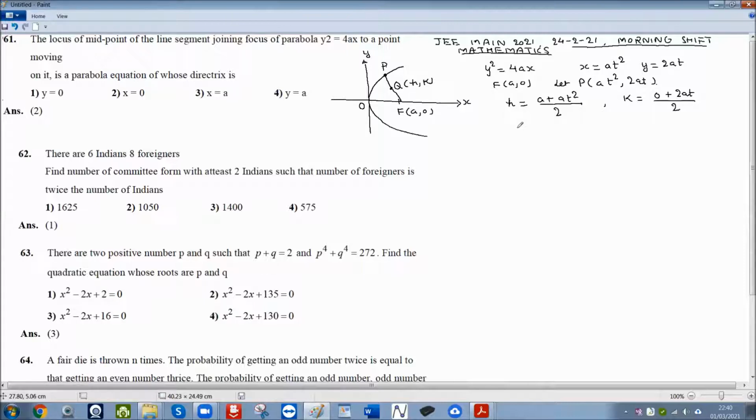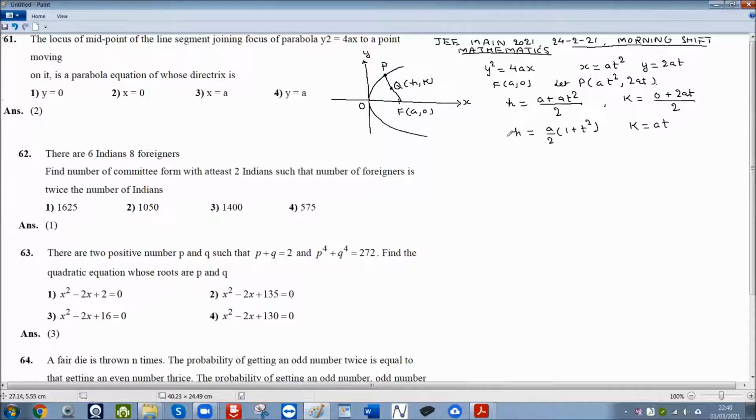So h is a by 2 into 1 plus t square, and k is simply at.